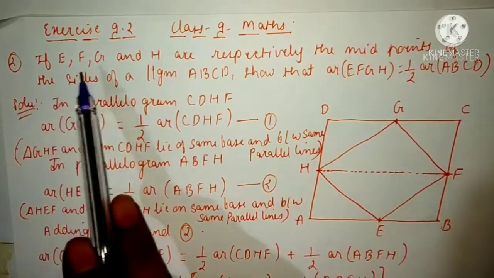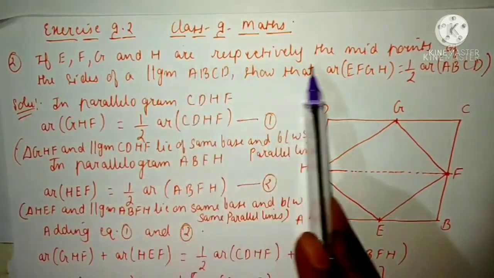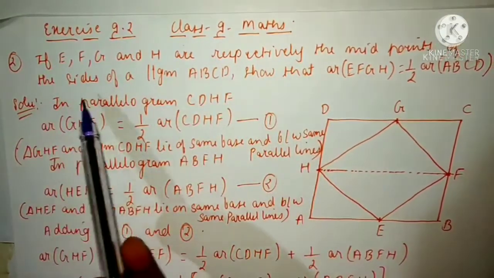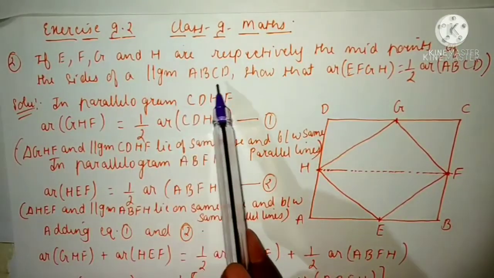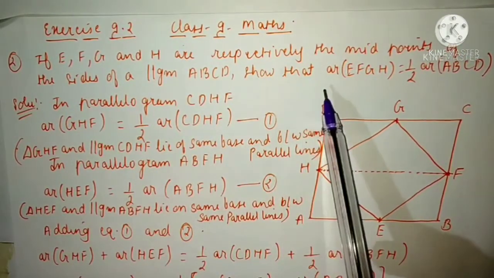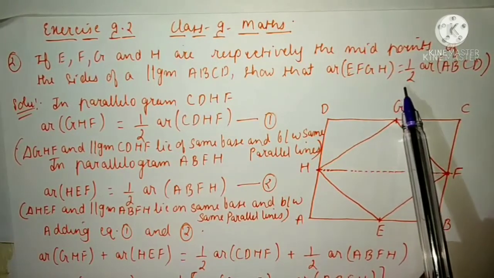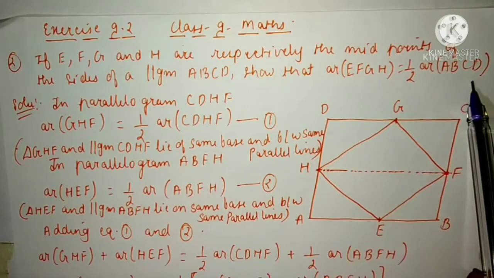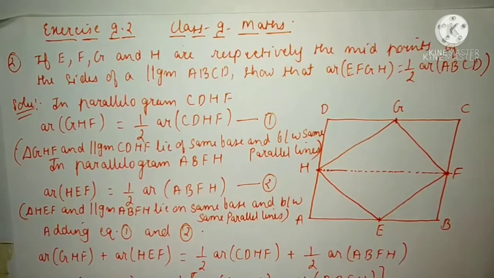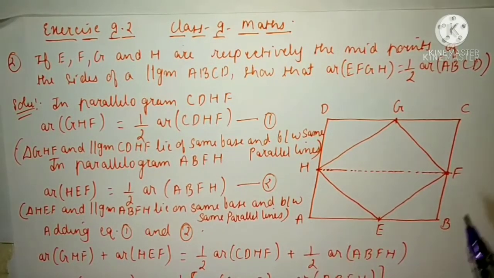Now see the second question. If E, F, G and H are respectively the midpoints of the sides of a parallelogram ABCD, show that area of EFGH is equal to half the area of ABCD. Now this is a parallelogram ABCD.